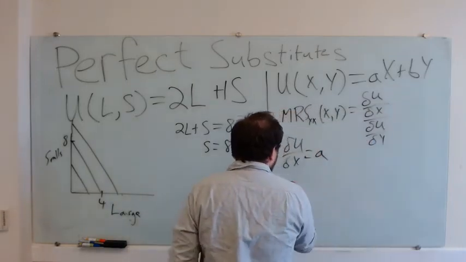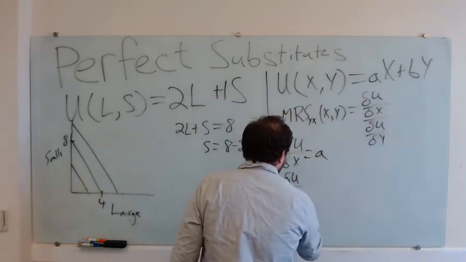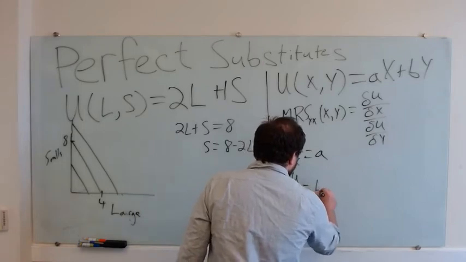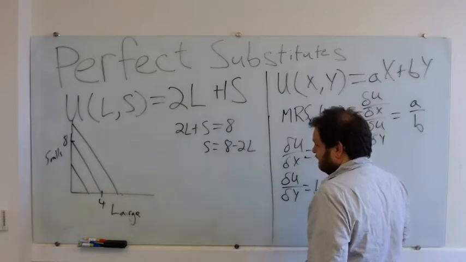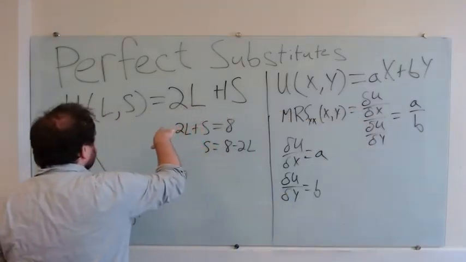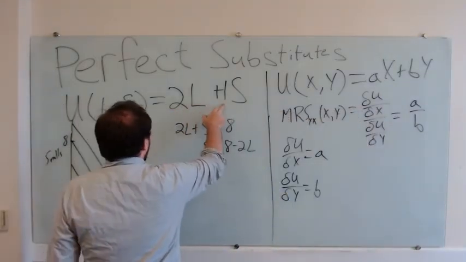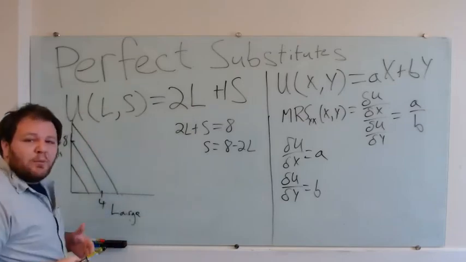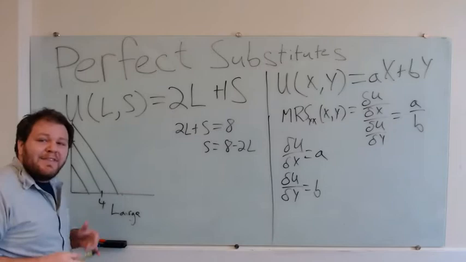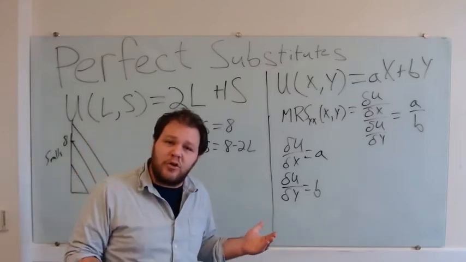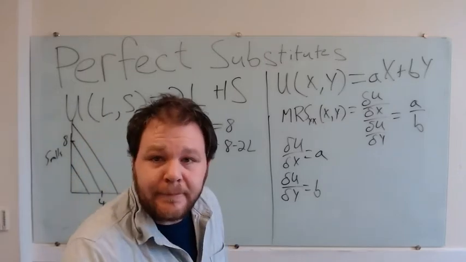So just a, and dU/dy is going to equal b. So in general, the slope is going to be a over b. In this case, this would mean that our slope would be 2 over 1. It's just 2. This means that we're willing to give up 2 small packs for each large pack, and this makes sense because the large pack has twice as many toothbrushes as the small pack.